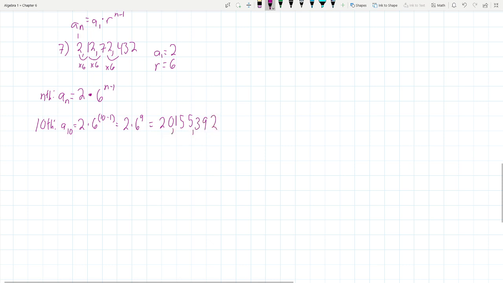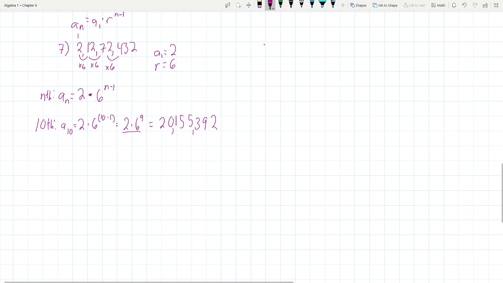You can see how plugging it into a calculator might be a little bit easier than doing it by hand. I definitely wouldn't expect you to do this by hand. Maybe get to this point by hand, but actually evaluating it by hand, not so much. But as you can see, it does make it a little bit simpler.